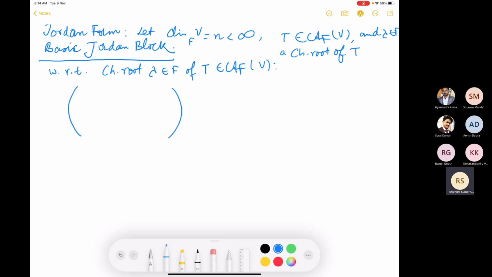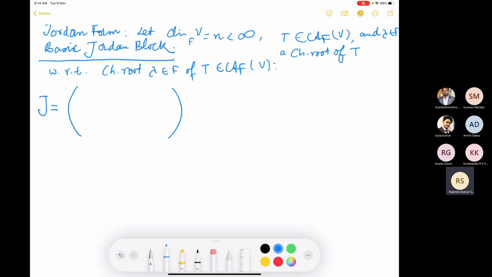So you can take, let us say this is J, or B, whatever you call. So all entries are 0 except on the diagonal and super diagonal.